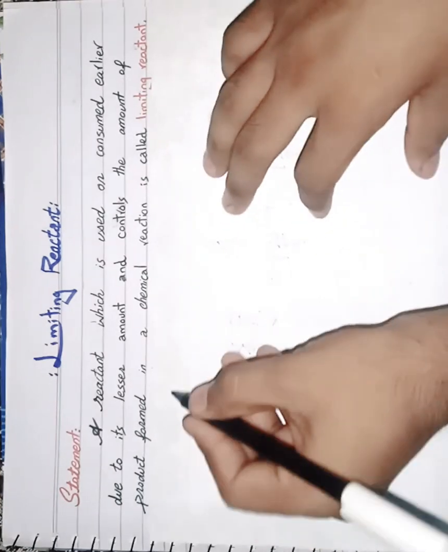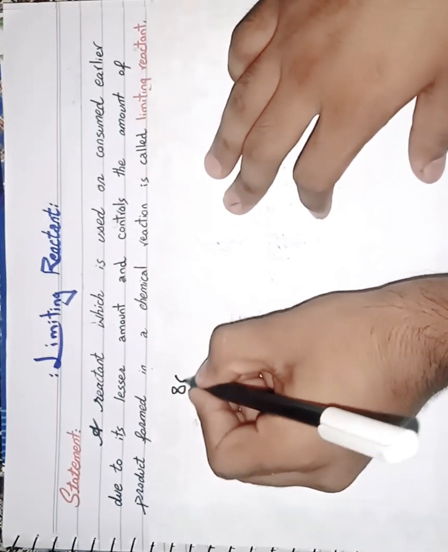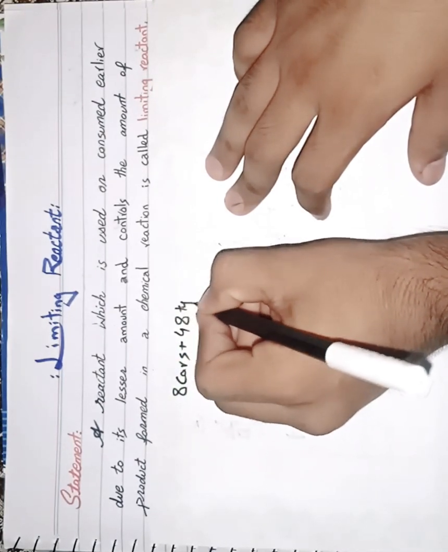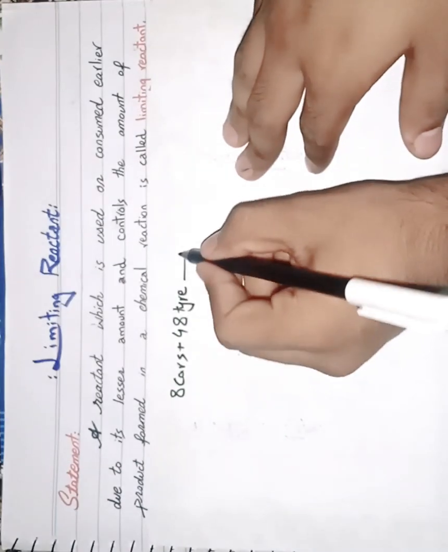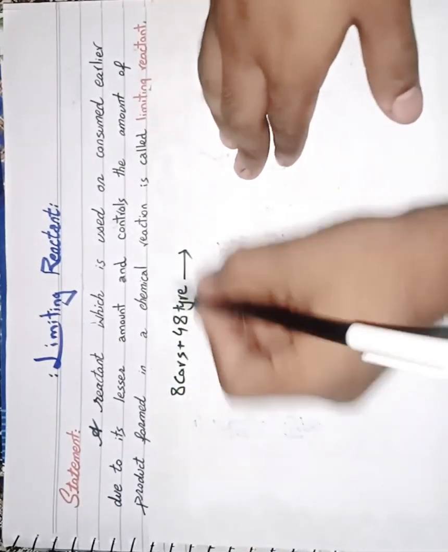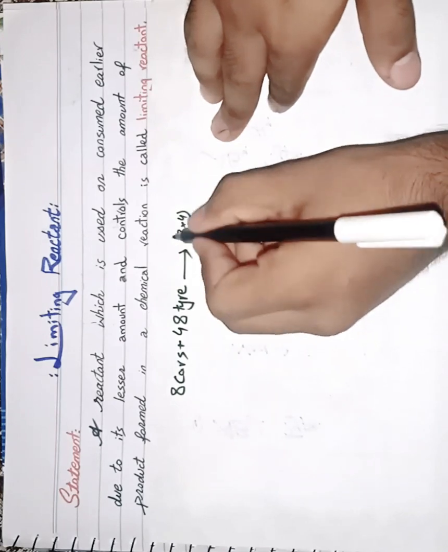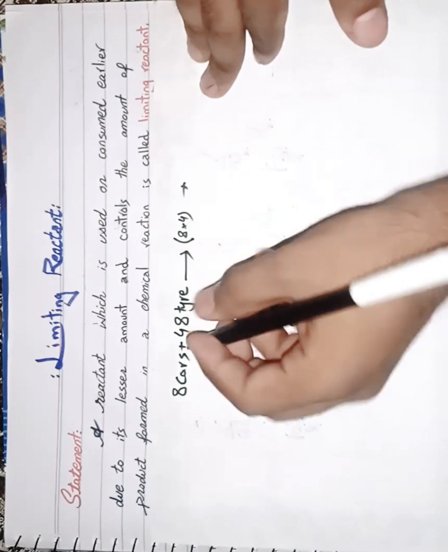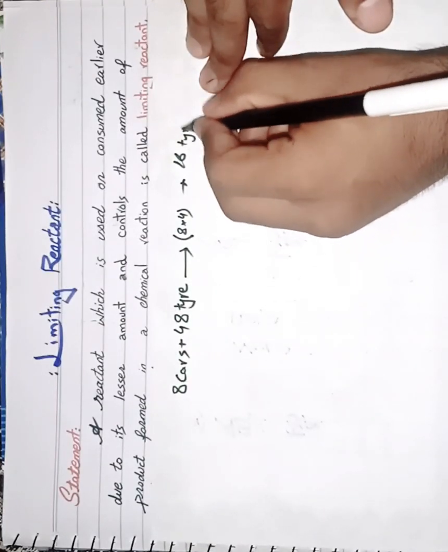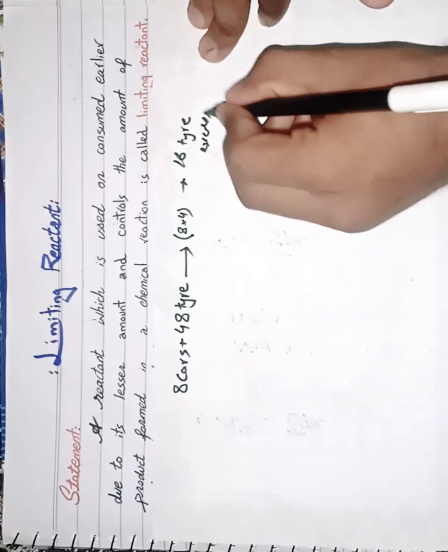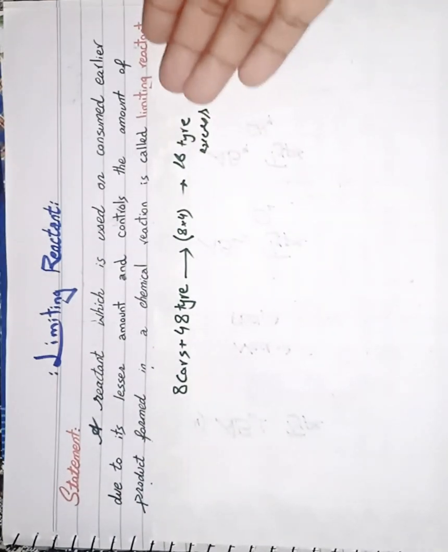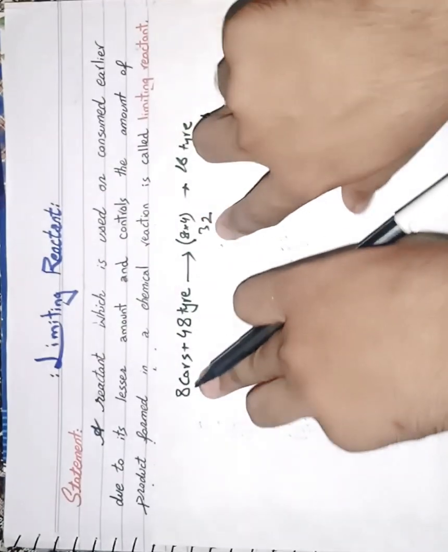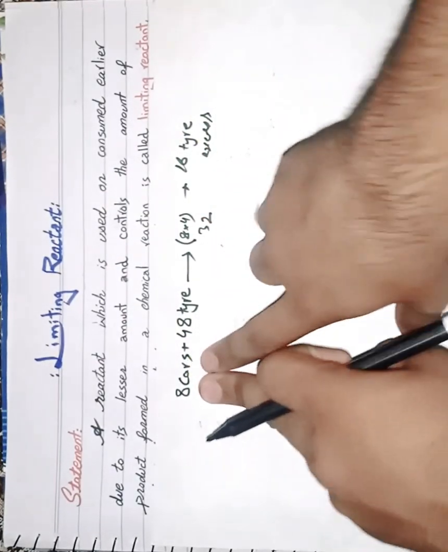In general we discuss, let's suppose we take 8 cars plus 48 tires. 8 cars, as we know, 8 multiply 4, plus 16 tires are excess. 16 tires are excess and 32 tires are consumed on 8 cars.